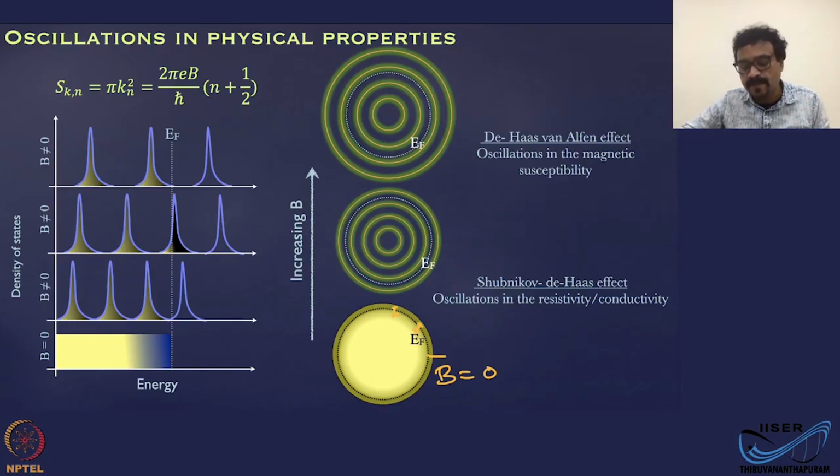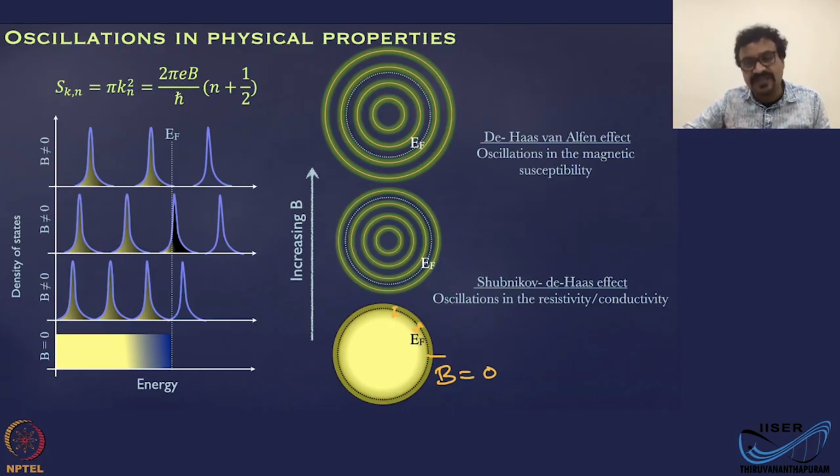Okay. Now when you increase the B field, suddenly these states will condense onto circles. Those are the Landau levels. But now the number of Landau levels below the Fermi level is defined by the B field.